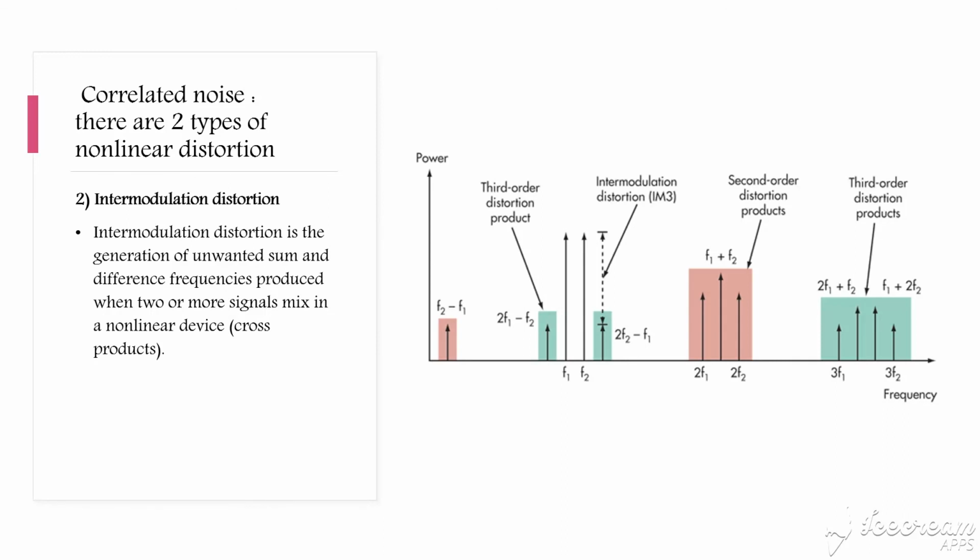In intermodulation distortion, the distortion occurs because of the sum or difference between these two inputs, for example f1 and f2. Look at f1 minus f2 and f2 minus f1, which is the difference between them. For example, f1 plus f2 is the sum of the two input signals.